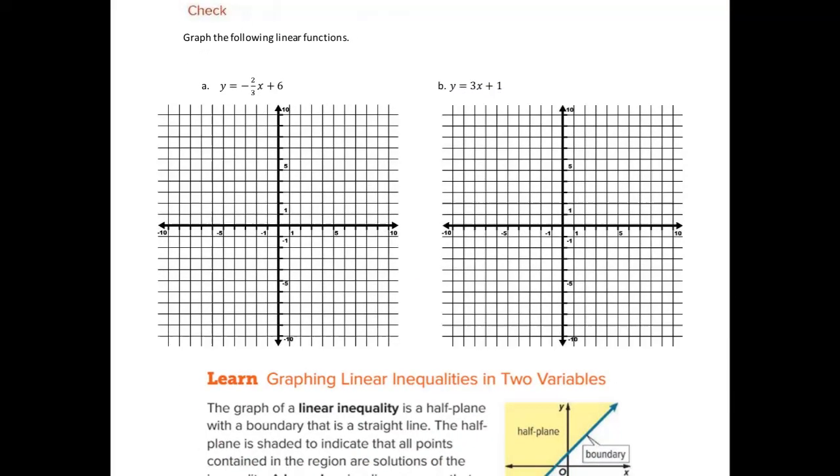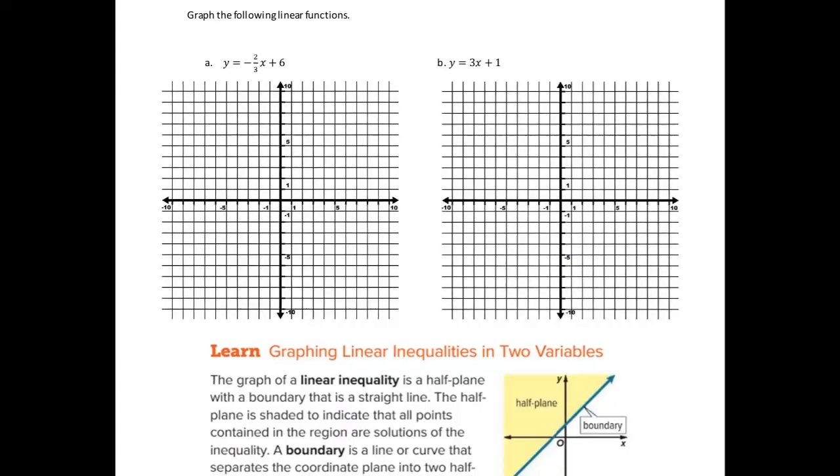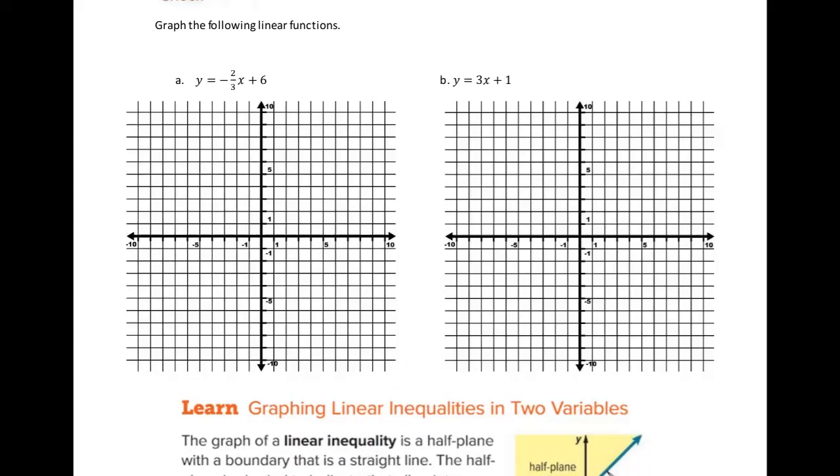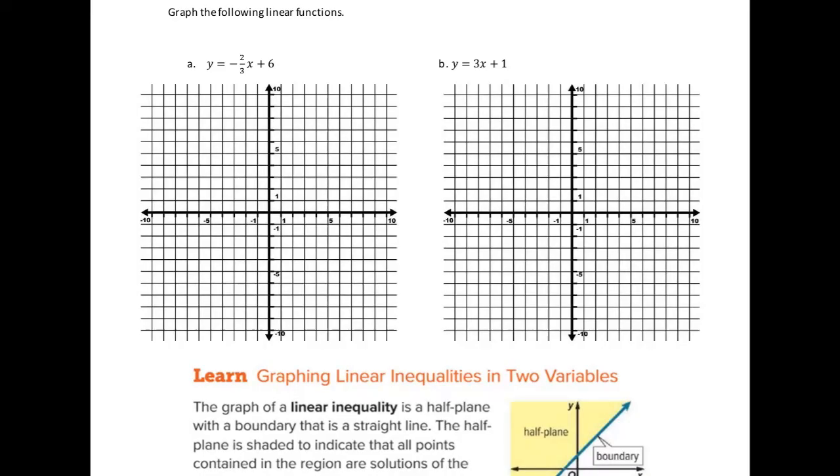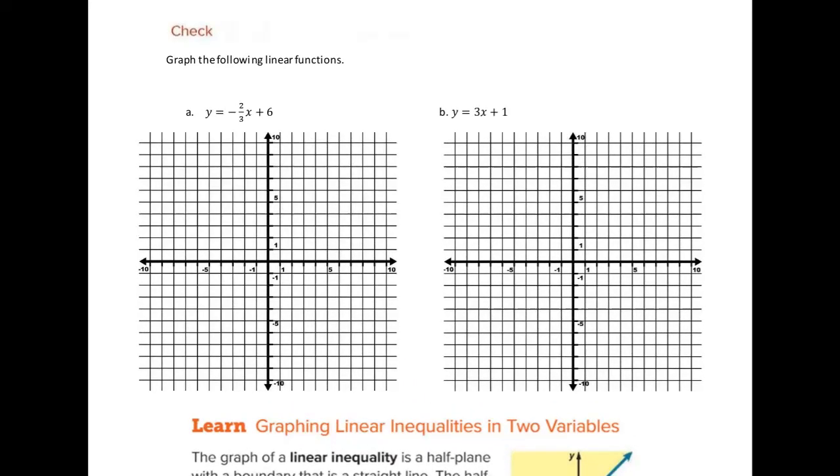So let's check it out. Let's see if we can do some of these. At the top of the next page, it says y equals -2/3 x plus 6. This is slope-intercept form.